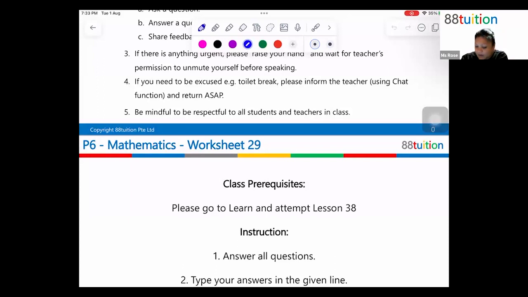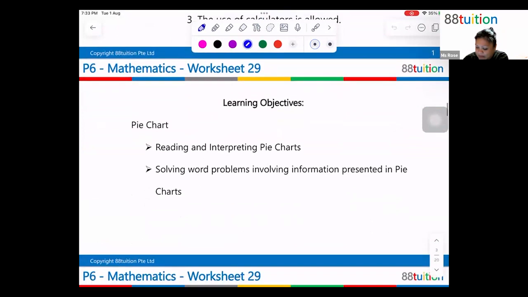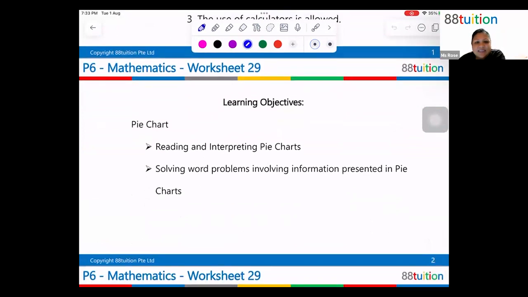Pie chart. Okay, now what do you understand about pie charts? If you've already finished your syllabus, well done. Okay, it shows data. So a pie chart shows data. What are the data? One whole of a pie chart can be in the form of, what do we have? Yes, Simon?